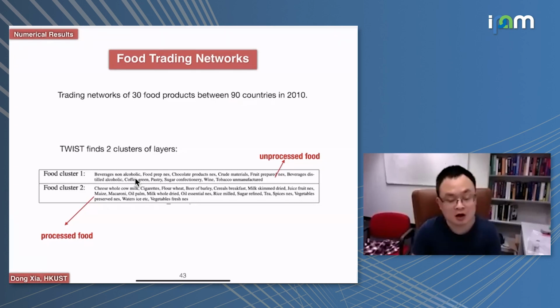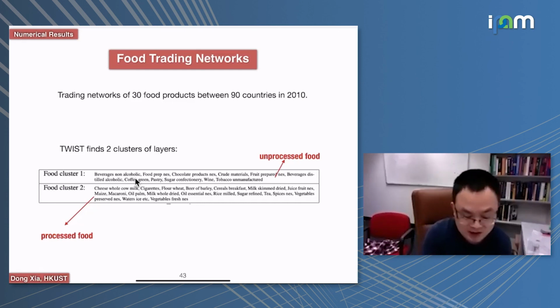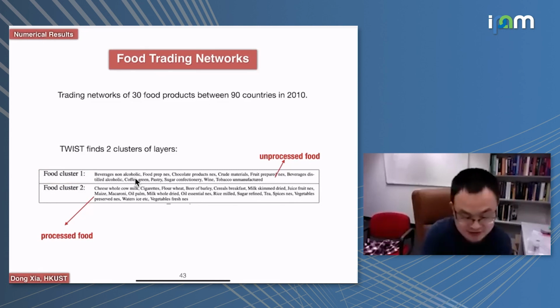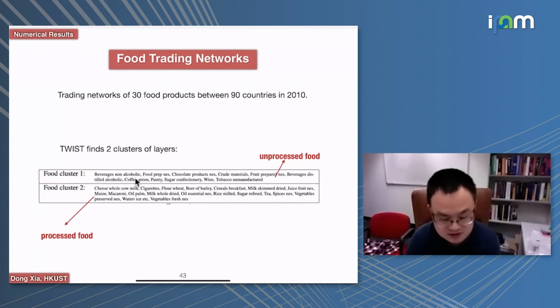We apply our method on this data set, and after obtaining the estimated singular vectors, we apply clustering on the singular vectors, and we can cluster the layers roughly into two classes. In one cluster, very interestingly, the food products are mostly unprocessed food, for example coffee green and tobacco unmanufactured.